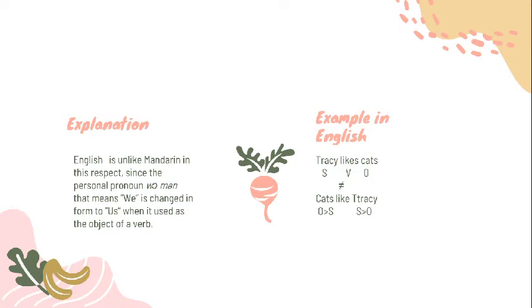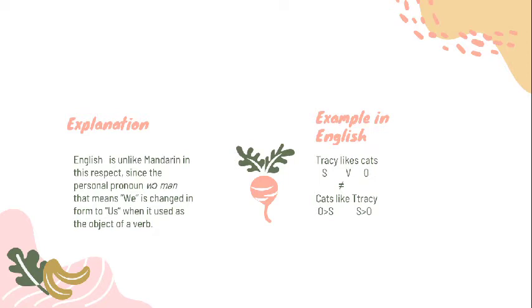Okay, I will explain the example above. English is unlike Mandarin in this respect, since the personal pronoun "woman," which means we, is changed in form to us when it is used as the object of a verb. So, here is an example of a sentence written in English: Tracy likes cats.